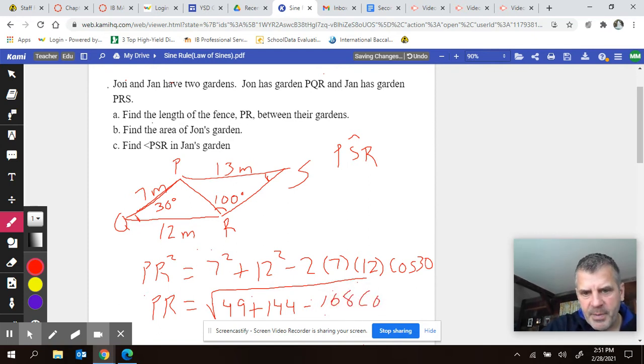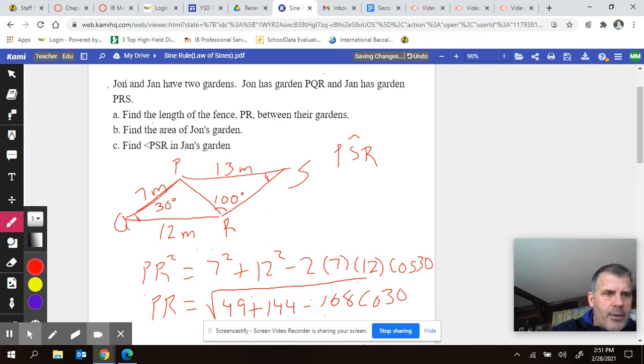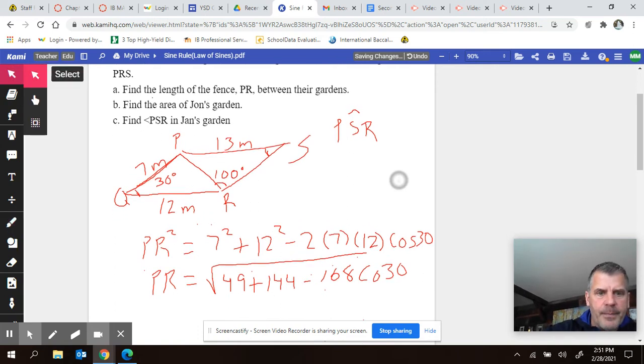A mistake is people subtract those off before taking the cosine of 30. 168 is being multiplied by the cosine of 30, so don't do that early. That would be the last thing you would do there.